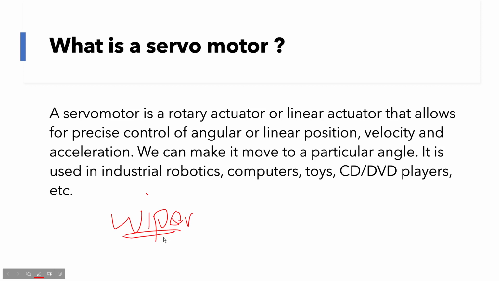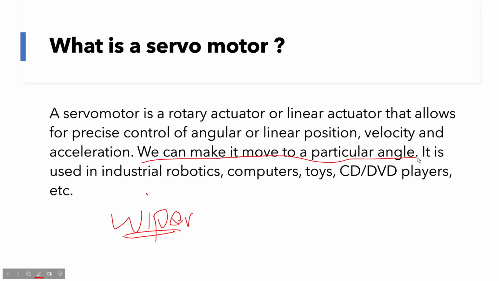So what is a servo motor? As we all know, it's just a motor, but there is one very good thing about it. We cannot control the speed, but we can control the angle it goes to.